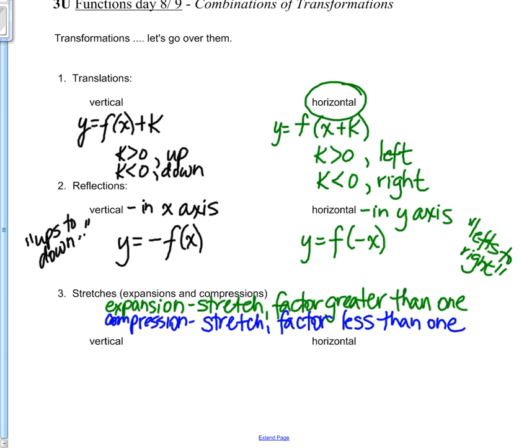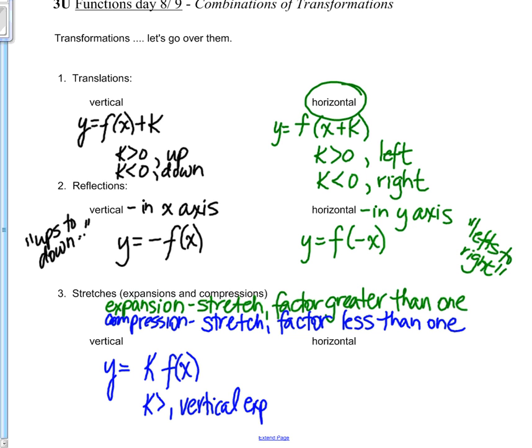A vertical expansion or compression is when we multiply our function by a number. I'm going to call it k. Because that number that I'm multiplying by is outside of the function, it's a vertical change. If k is greater than 1, I have a vertical expansion.